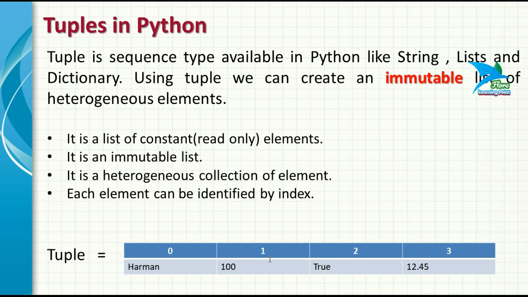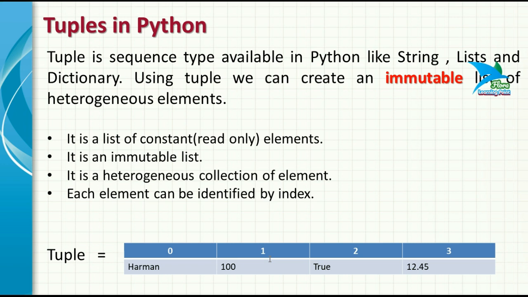As we know, lists and dictionaries are mutable. Mutable means after assigning elements to a list or dictionary, you will be able to change the value of that particular element by using the index, or the key in case of a dictionary. But a tuple is an immutable list like strings.